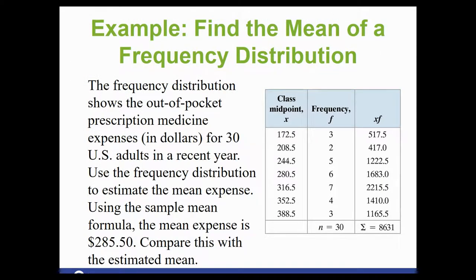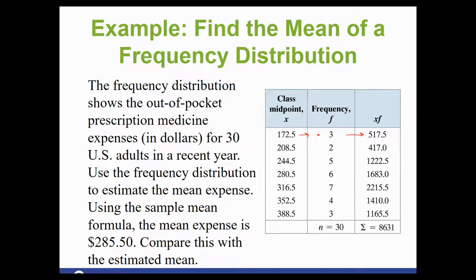So this one's kind of done for you. Midpoints were already found in this first column. Frequencies are given to you, and then they went ahead and did the multiplication for you on the right. So they went ahead and took the midpoint times the frequency and gave you the result.